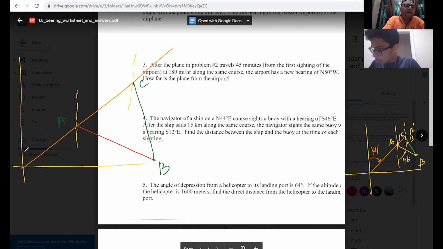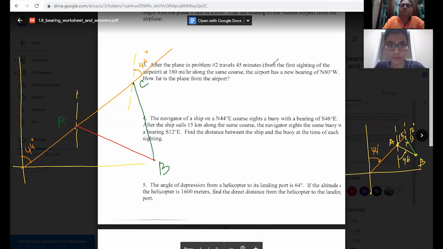So we are given this angle initially is 44 degrees, right? 44 degrees.